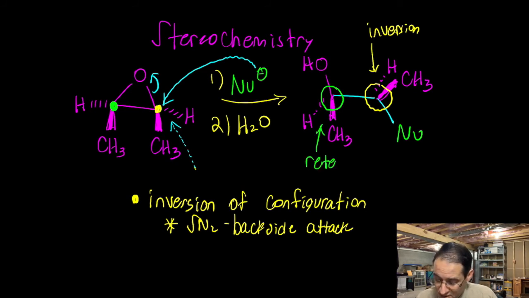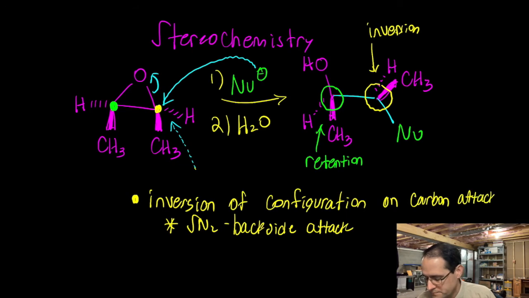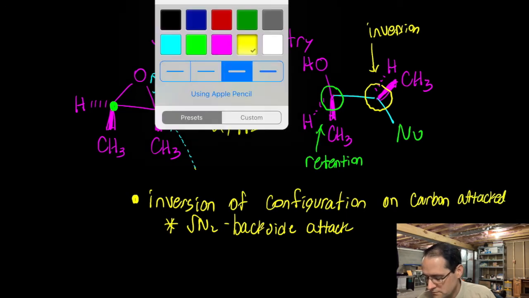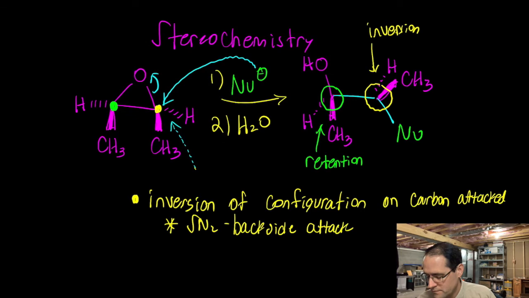So we say retention. You have inversion of configuration on the carbon that's being attacked, the other is retained, and all other stereogenic centers in the molecule are going to stay the same.